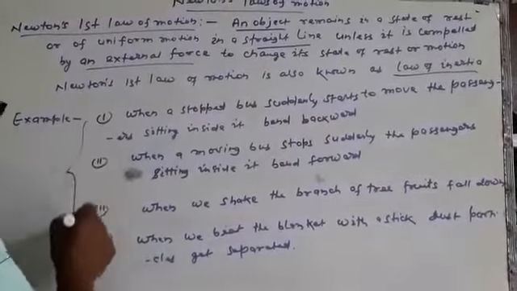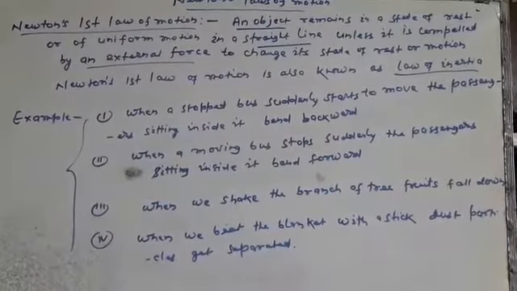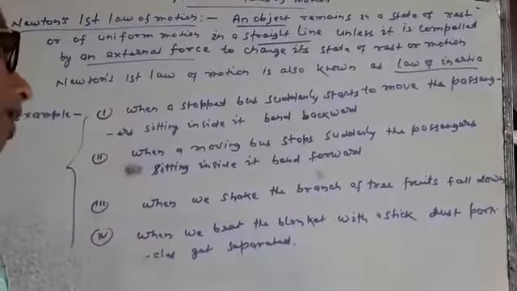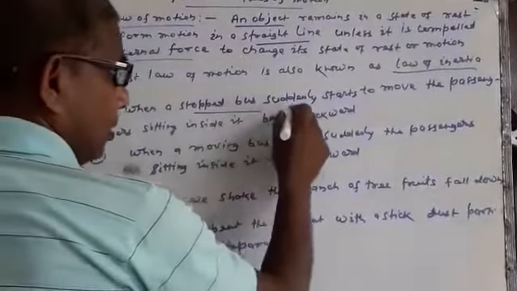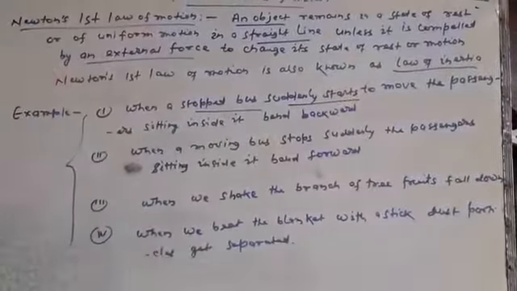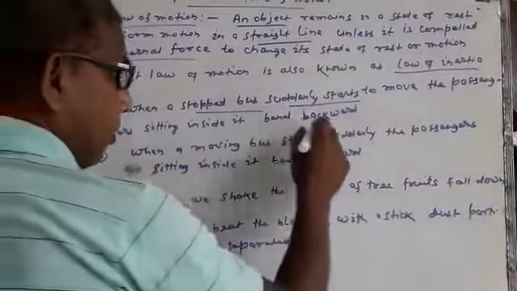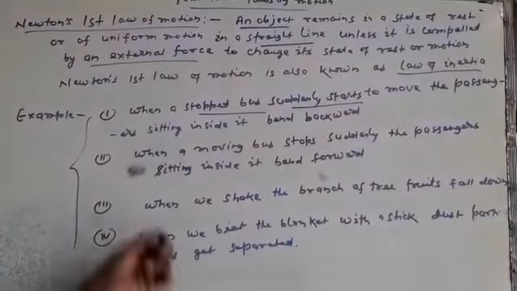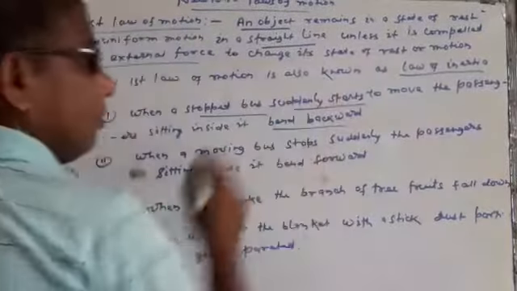These are the observations from our daily life. All of you observe these examples in your day-to-day life. First, when a stopped bus suddenly starts to move, the passenger sitting inside it bends backward. There is a question. Why did this happen?